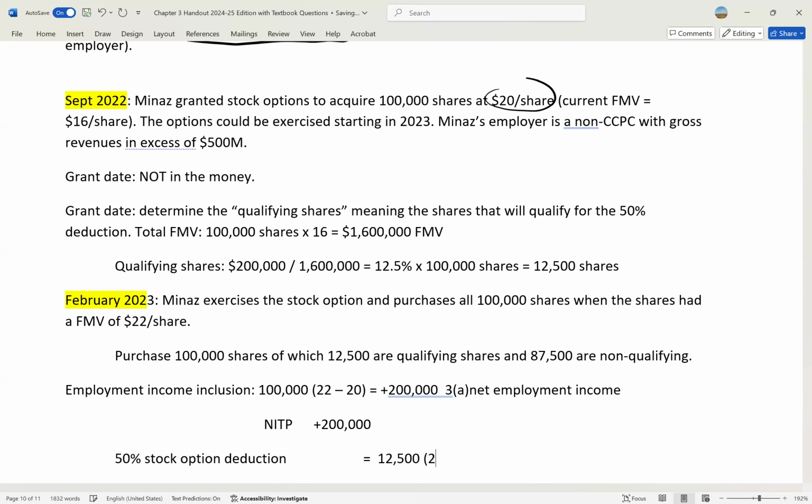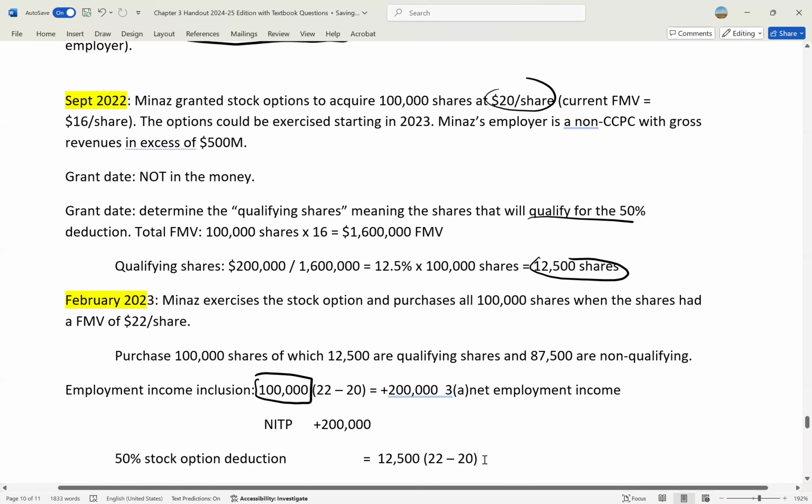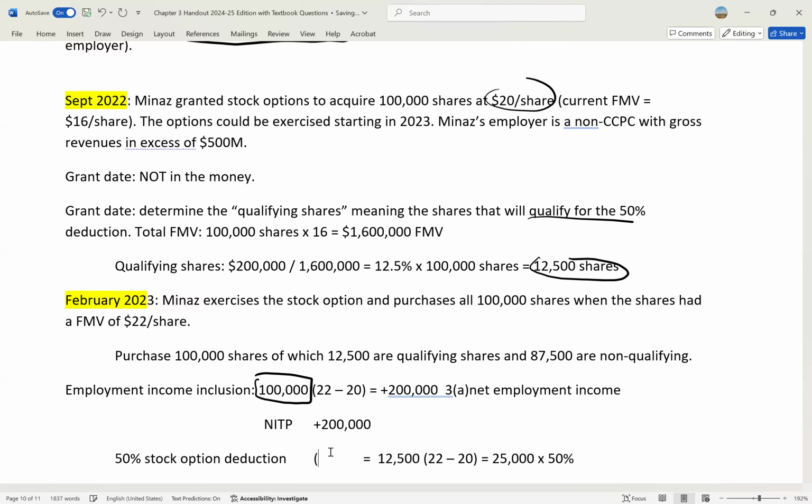The employment income inclusion was 22 minus 20, and this 100,000 included all the qualifying and non-qualifying. But for the 50% stock option deduction, only 12,500 will qualify. So we take the difference between the fair market value, 22, minus what he paid, 20, times the 12,500. That's going to be basically 25,000. So only 50% of that will qualify for the deduction.